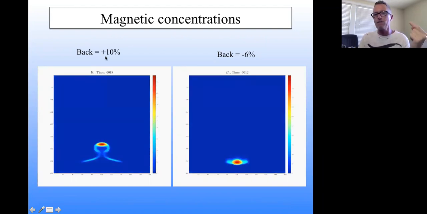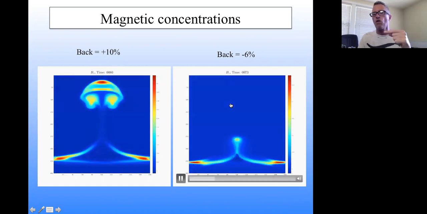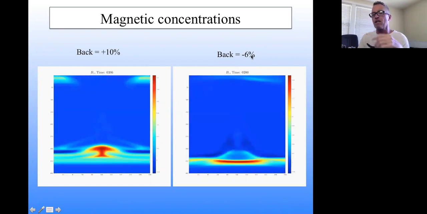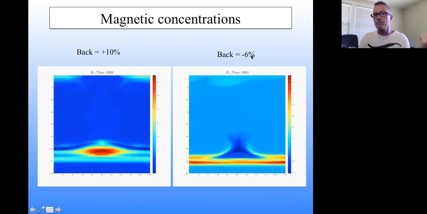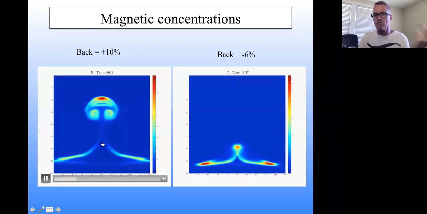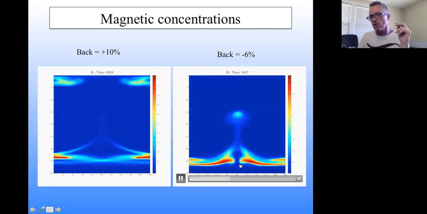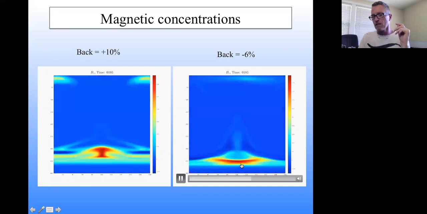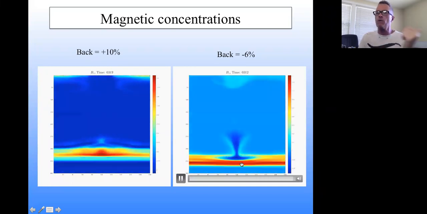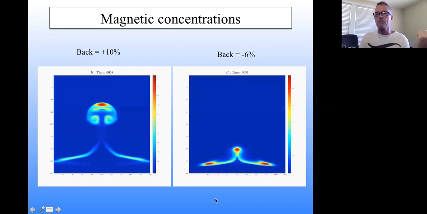That's a pretty strong field. On the right here, the background field is only 6% of strength, but it just goes the other way. And you can see the bizarre thing is that the one on the left rises, not too bad, and the one on the right is killed. So a weaker magnetic field killed it in this strength when it was oriented in the other direction.